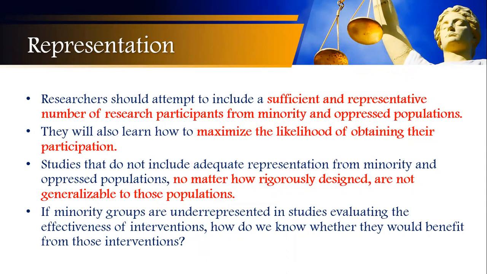So we really need representation of every racial ethnic group in intervention studies so that we can understand how interventions work for different populations. What may work for one racial or ethnic minority group may not work for another. And so it's important to have that representation. And when we don't have it, then we have to be really careful about how we generalize.